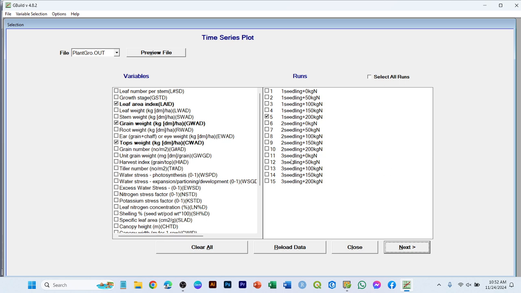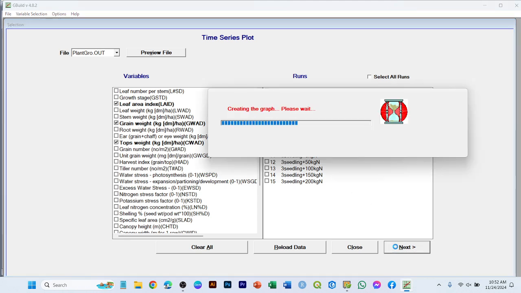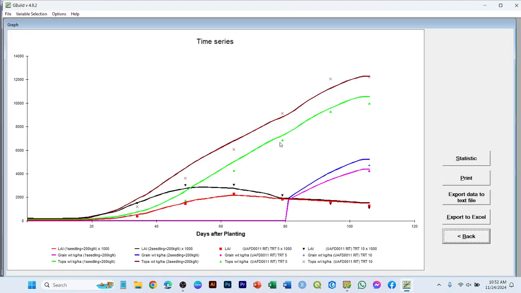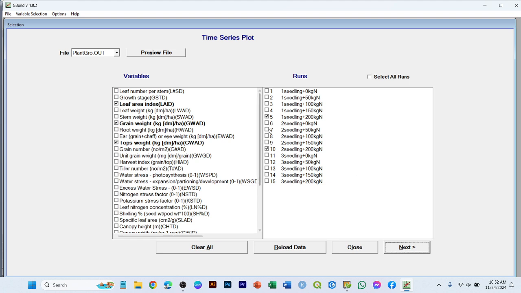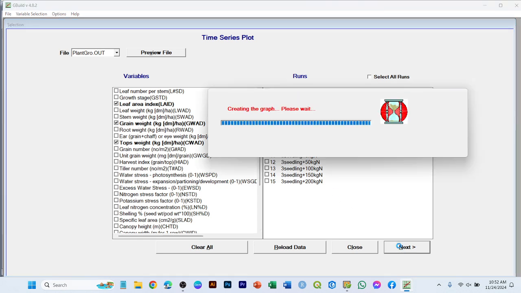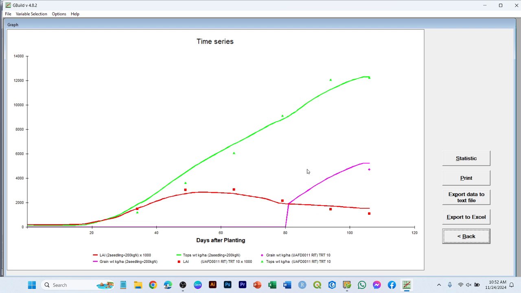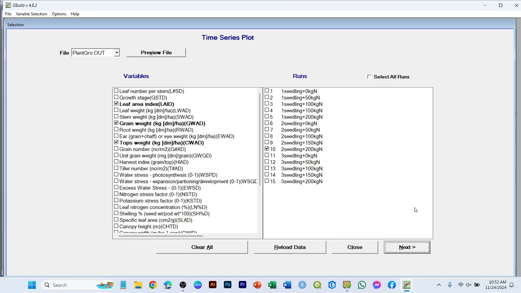Then you have to go with this one. This will change. No need to close the interface and run again. Simply select the required treatment, then check the box, play next. So these are the values.